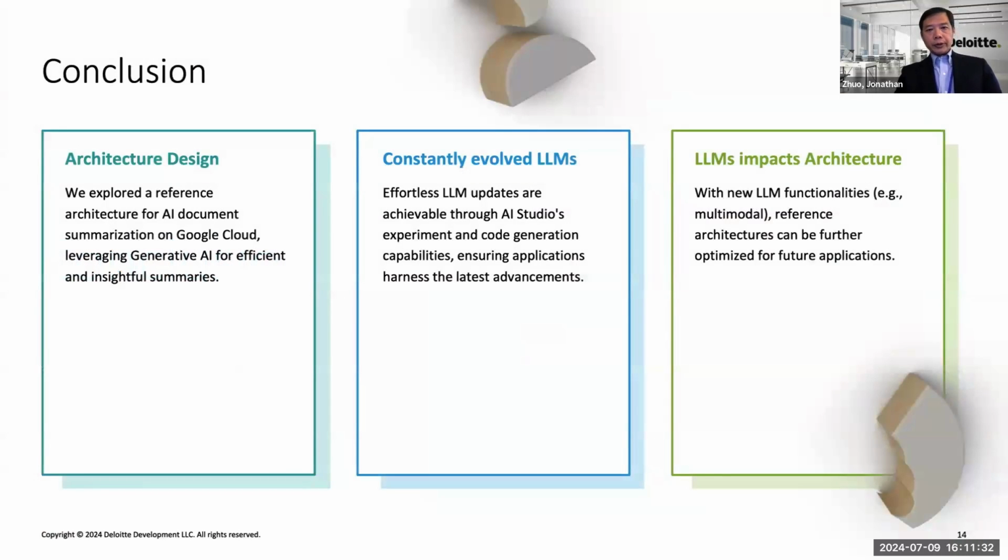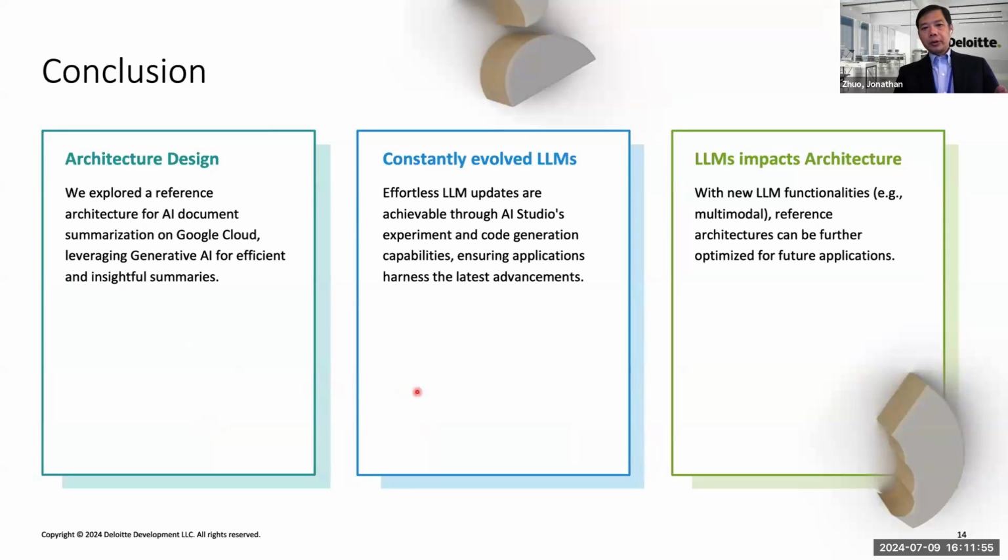Here's the conclusion. Today, we talked about 3 things. We dived into the architecture design. We explored a reference architecture for AI document summarization on Google Cloud, leveraging generative AI for efficient and insightful summaries.